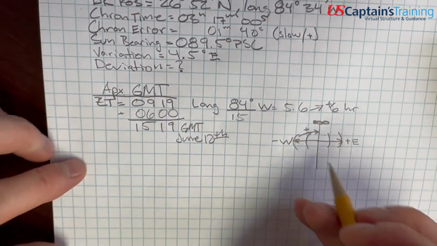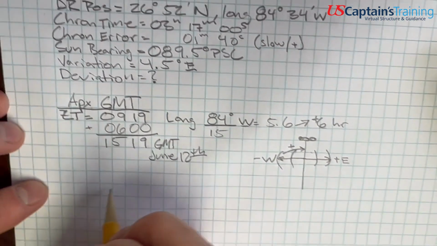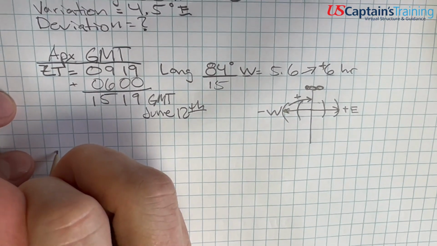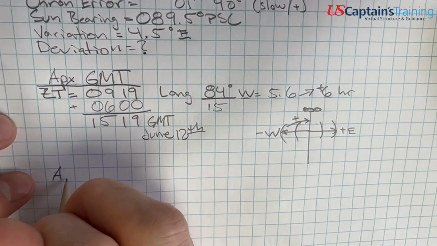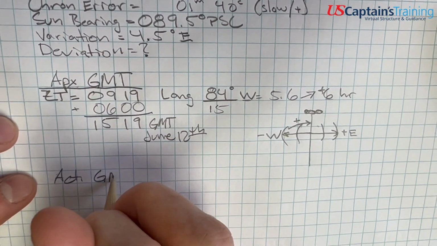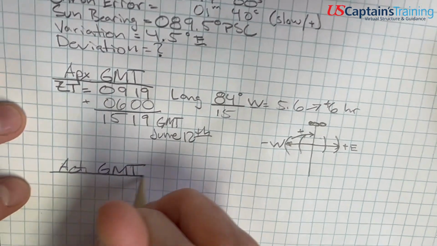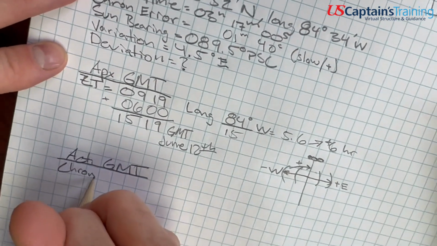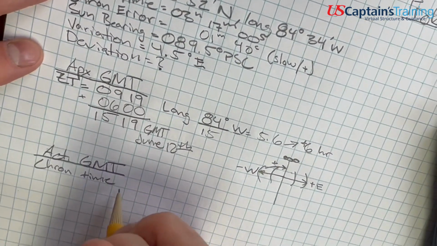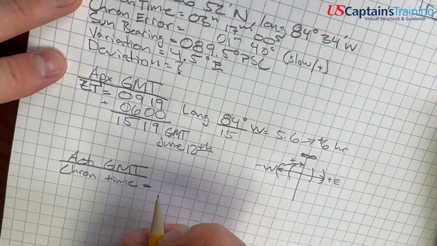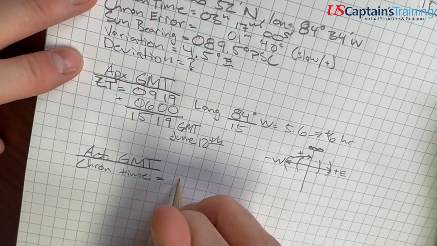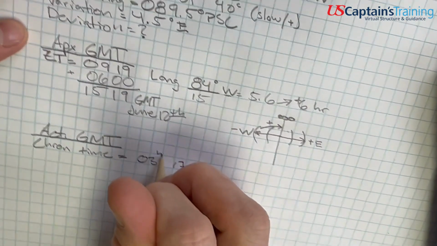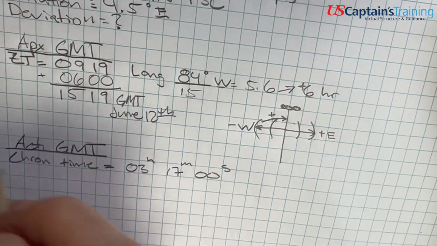Good. Now, we need to get our actual GMT. So what is our actual GMT? And that's based on the chronometer. So the chron time is equal to 3:17:00 hours, minutes, seconds.